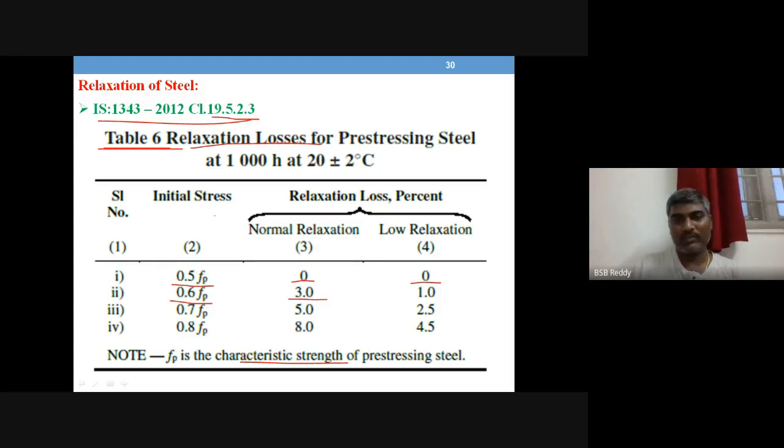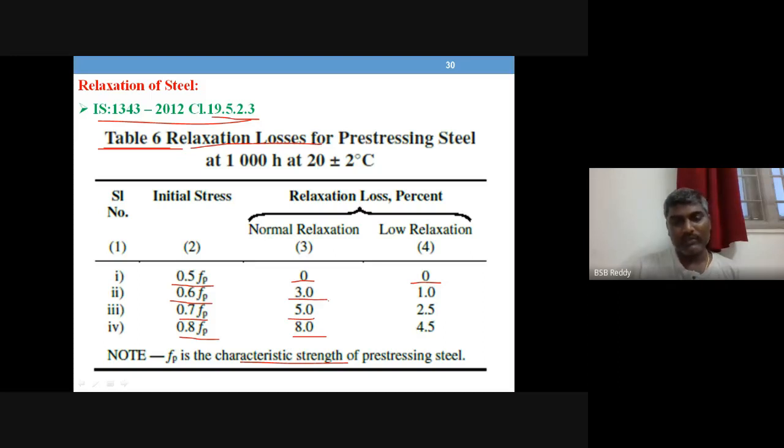that you are applying. Okay, so 3% of the stress is lost, like say 500, 3%, 150 is lost likewise. Okay, and 5% is lost. Okay, if 70% of stress is induced, at 80% it is 8% lost, right?